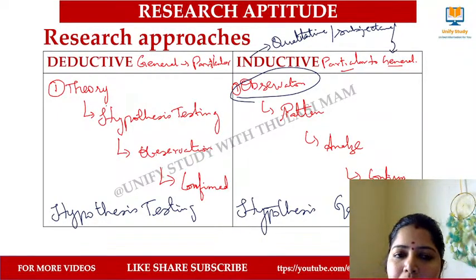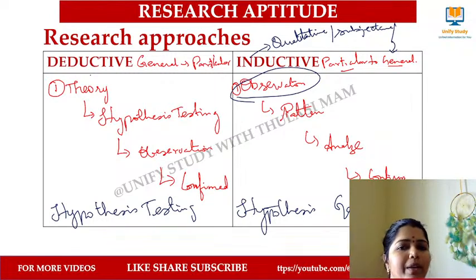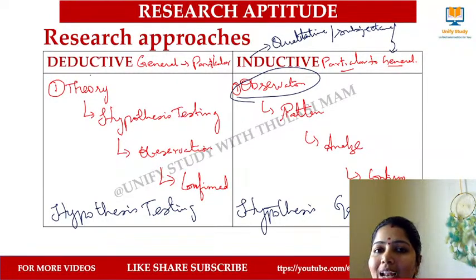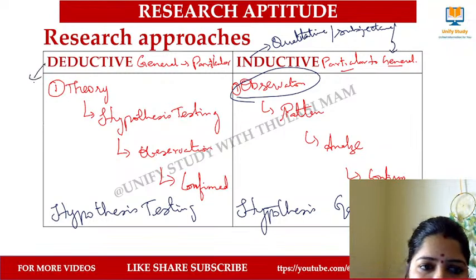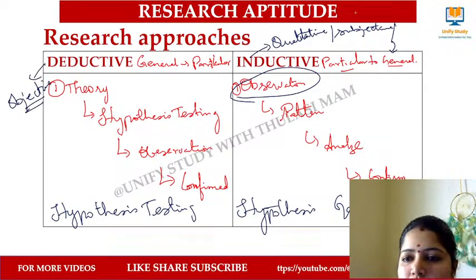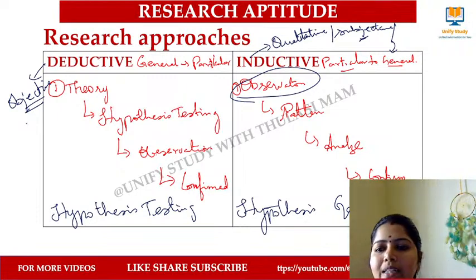Similarly for deductive: the deductive approach uses quantitative type of data and is objective in type. Objective means only one focal point will be there. But in qualitative, we can have different perspectives. These are the keywords we have to remember. In deductive, it is objective in nature. Here it is subjective in nature. Here we have to concentrate only on the experimental setup, but here it is flexible.